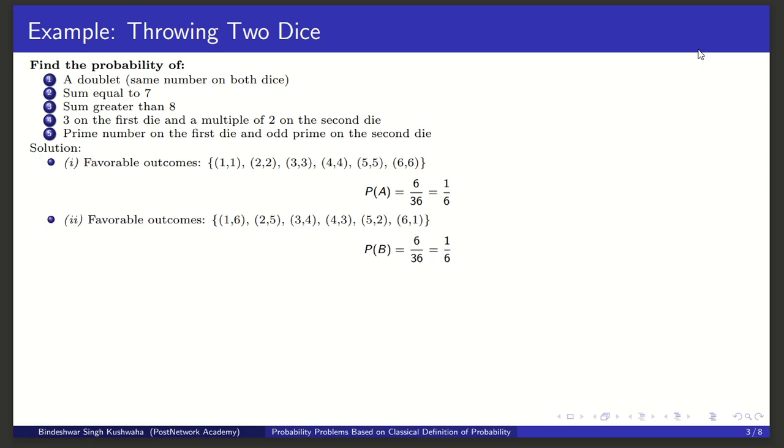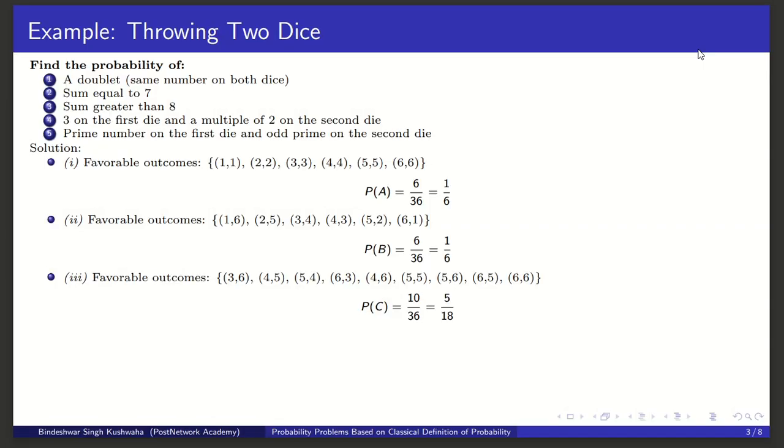Second one, sum equal to 7. So we will have 1 6, 2 5, 3 4, 4 3, 5 2, 6 1. So again we will have 6 favorable cases. So probability of the event would be 6 upon 36, that is 1 upon 6.